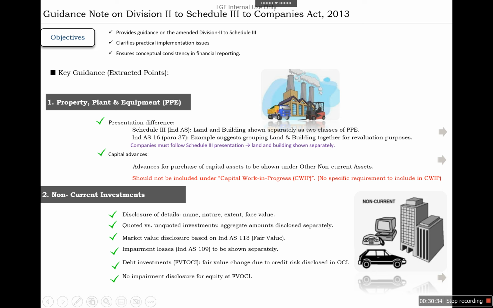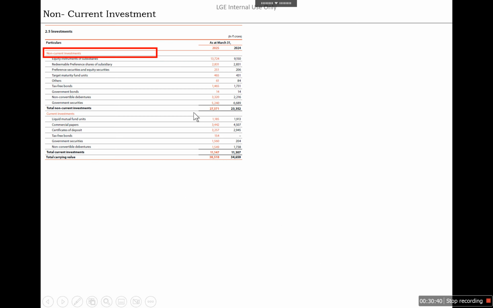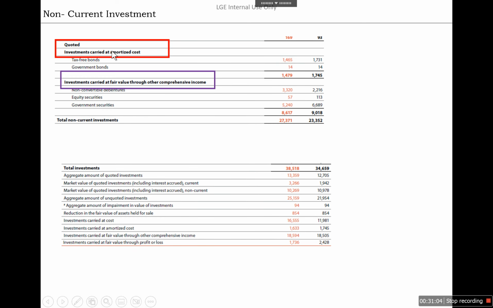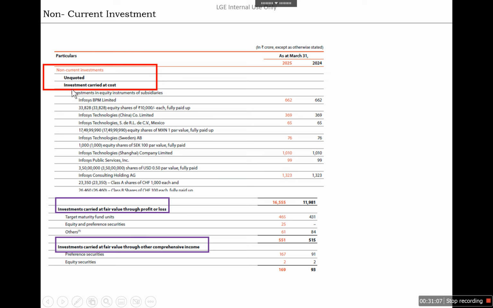treatment of FVTOCI and impairment disclosure should be there. If we check the non-current investment disclosures, there is non-current investment in equity, redeemable preference shares, maturity funds, others, government bonds, etc. And here, as directed, it is bifurcated into unquoted and quoted investment. Here it is quoted investment, and there is a further classification that it is carried at cost, and at FVTPL, fair value through profit and loss, and FVTOCI methods.